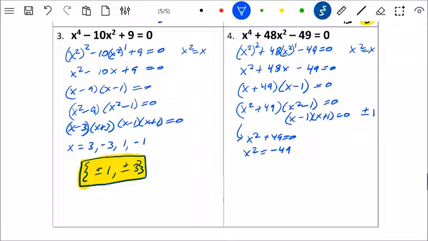Okay, take the square root, and I get x is equal to plus or minus the square root of negative 49. So square root of 49 is a 7, and the negative means i. So x is equal to plus or minus 7i. So we have plus or minus 1 and plus or minus 7i.